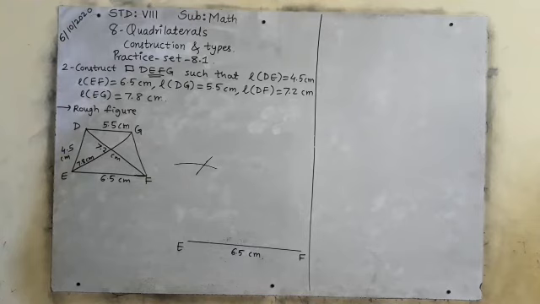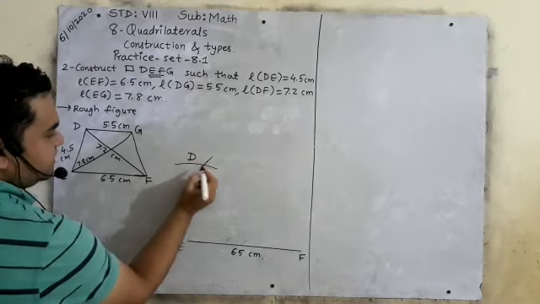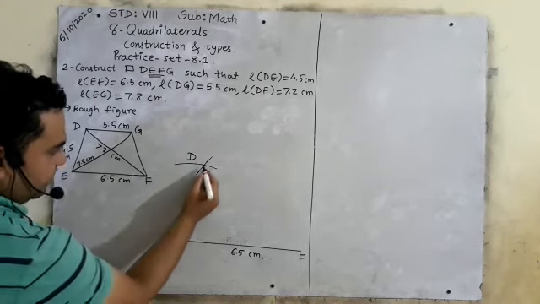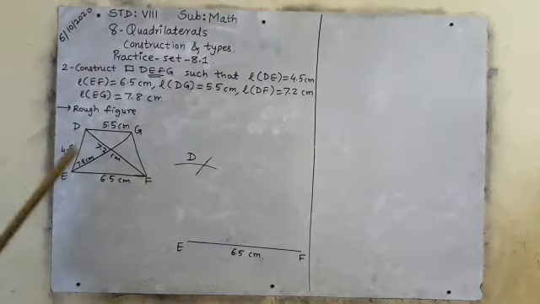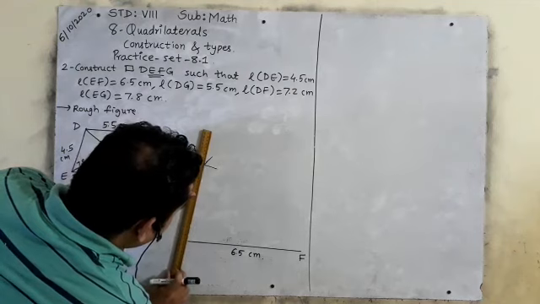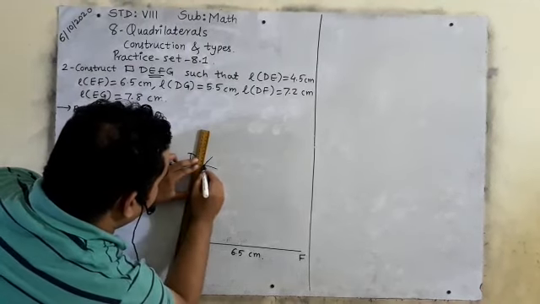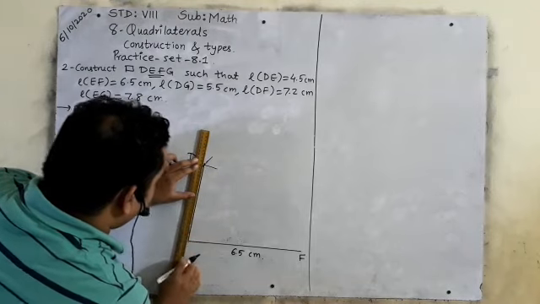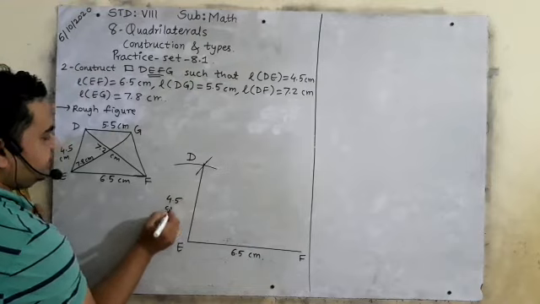So this will be D. This point will be considered as D. I will join this to E and I will join this to F. So DE will be of 4.5 centimeters. Okay. So DE will be 4.5 centimeter.